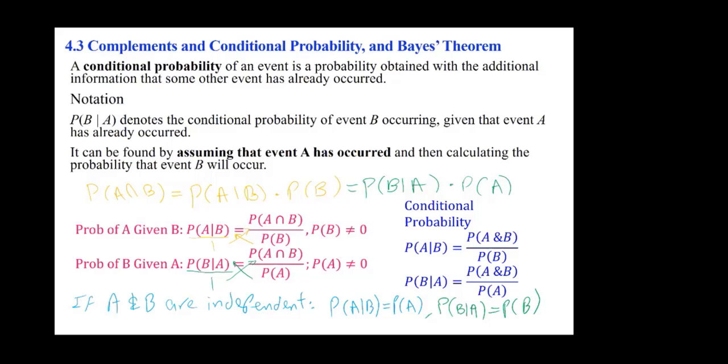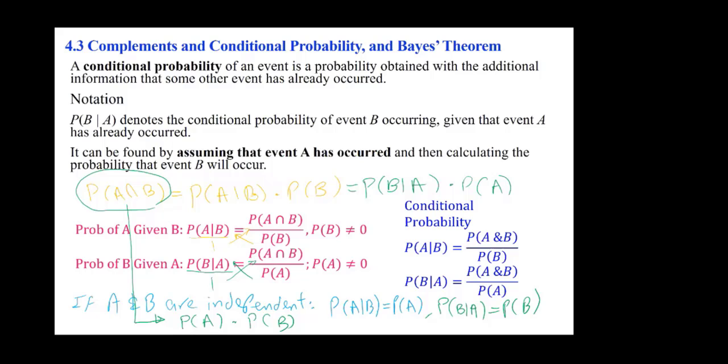Probability of A given B is the same as probability of A. Probability of B given A is the probability of B. Now, if you want to prove independency, one of them is good enough. You don't have to prove both of them. In which case, this simply becomes the probability of A times the probability of B. If the two are independent, that's what happens.